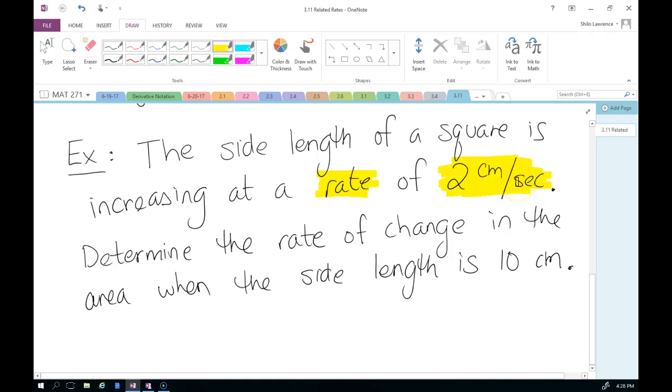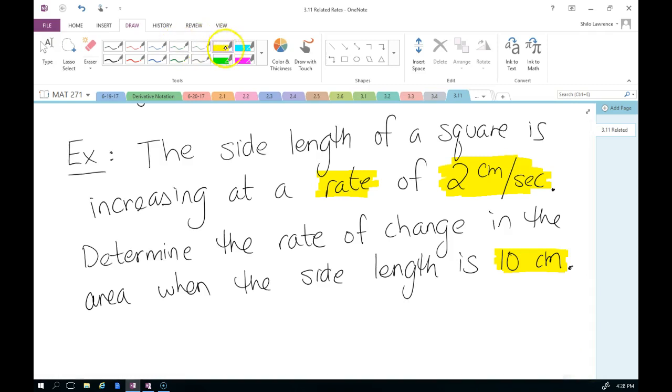And we talked about this a few sections ago, that if our sides are measured in centimeters, then a derivative with respect to time, since time is in the denominator, would put a time unit in the denominator of our new value that we're calculating.